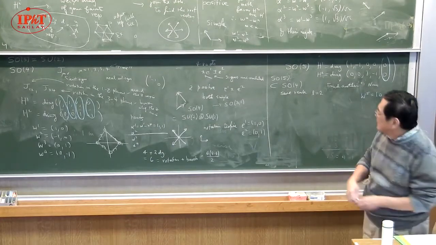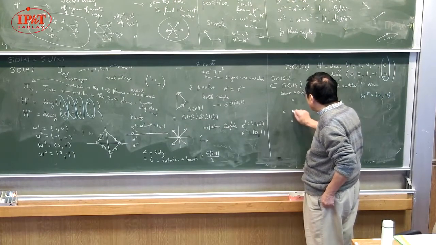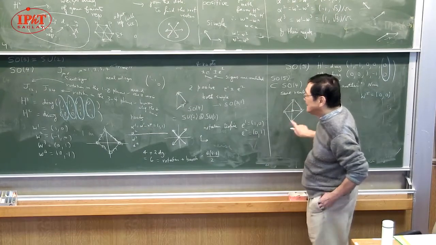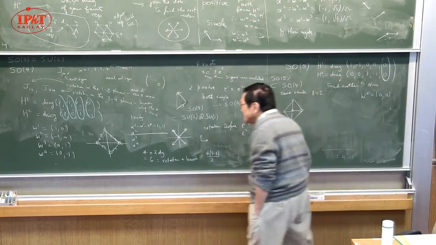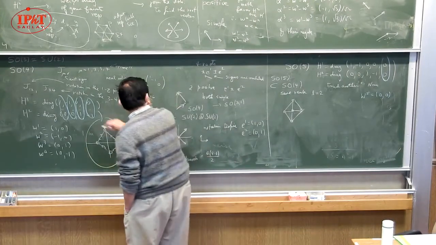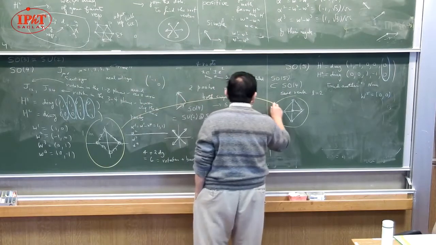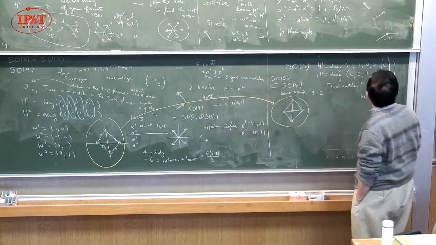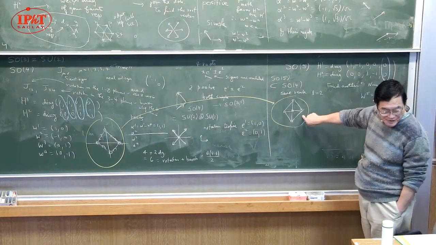So the weight diagram now has the guy in the middle, (0, 0). Compare and contrast these two. Interesting: when you go from one SO group to the other, you acquire the thing in the middle. Now, about the roots.